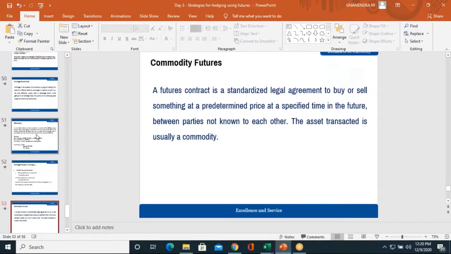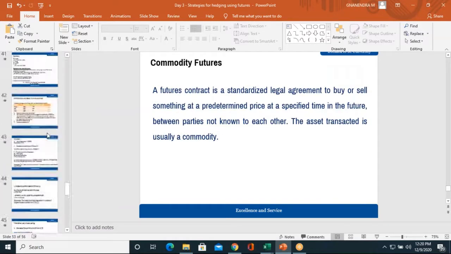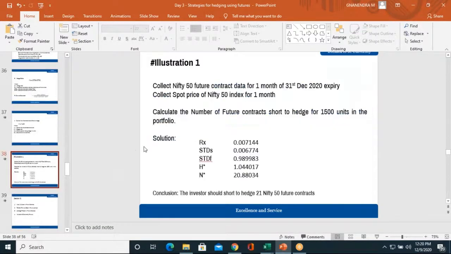In the meanwhile, I can ask a question, sir. Yes, sir, go ahead, please. I am asking a lot of questions because I have a doubt. Actually, when participants ask questions, then I should also start thinking. Sir, you have written calculate the number of futures short to hedge. My query is, how do you find out this short?